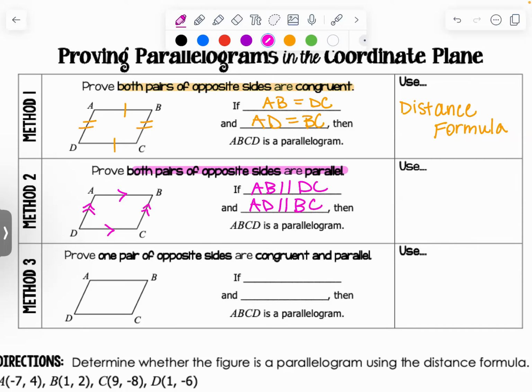How do we know segments are parallel? They would have the same slope. You know what I like to find? Slope. Slope's fairly easy to find, right?